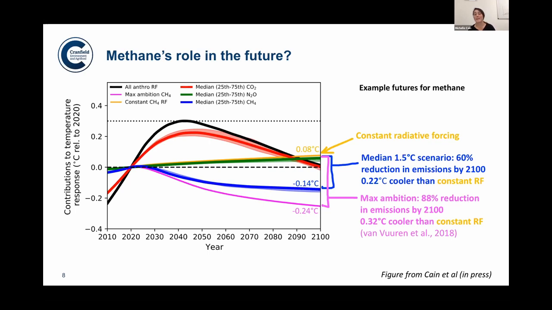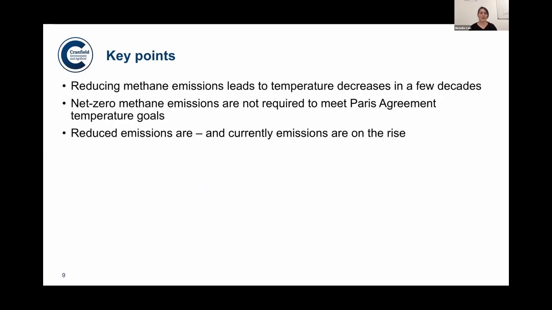In a maximum ambition scenario where we reduced emissions by 88%, that was 0.24 degrees lower than today's levels. So that's the level of temperature benefits you could be getting if you globally reduce methane emissions by these kinds of amounts. I'll just finish to summarise that reducing methane emissions leads to temperature decreases in a few decades if you reduce them enough.